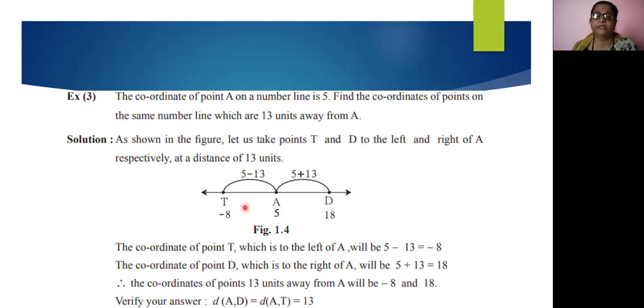If we go to the left side from 5, past 0 where numbers are negative, 5 minus 13 gives point T as -8. Therefore, distance AD is equal to distance AT, which is 13 from this point on both sides.